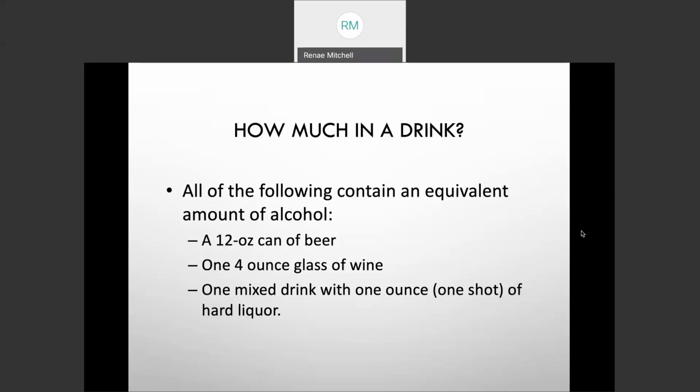And so that would make a 12-ounce can of beer, a 4-ounce glass of wine, and 1 shot of liquor a standard drink. And so whenever there are guidelines or scientific studies done or information given out about alcohol, and they say X amount of drinks means this, they're talking about this standard drink, not just whatever you happen to drink in a single setting.